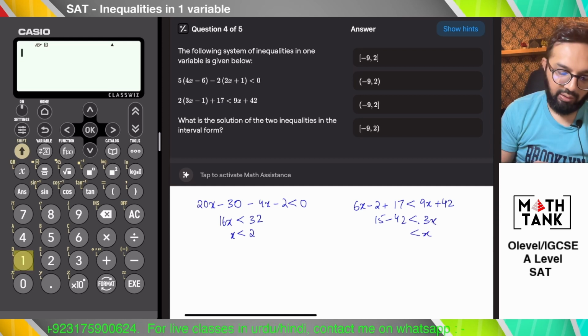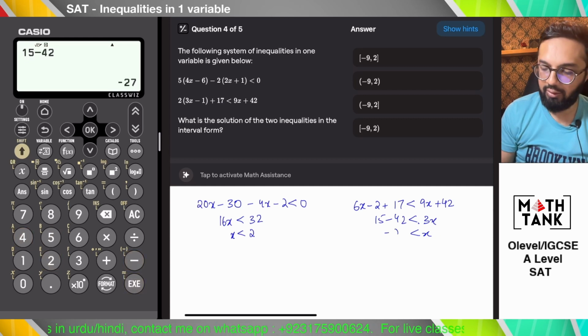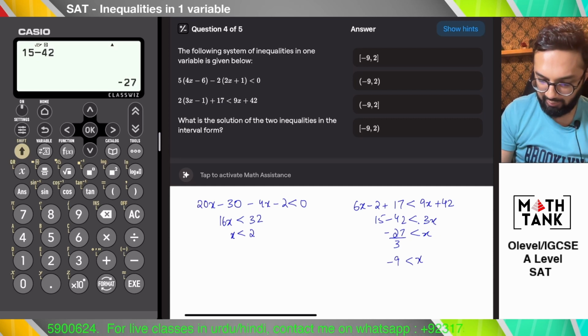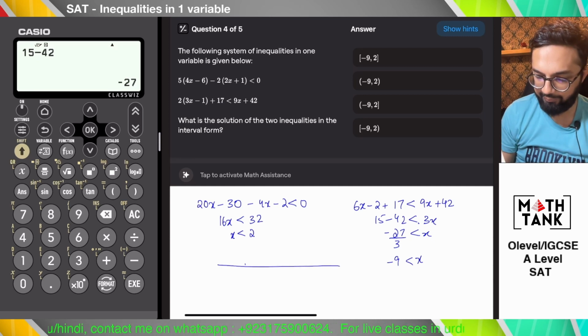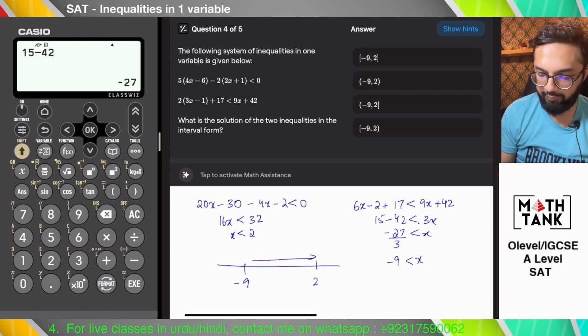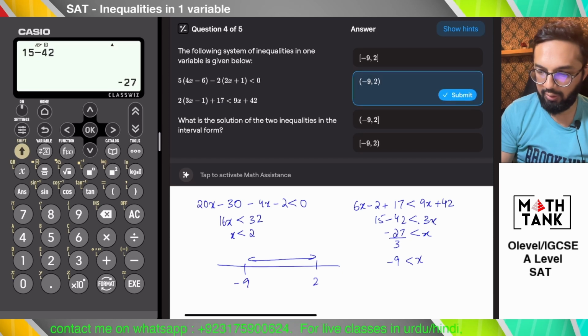So it's 15 minus 42, I think 27, minus 27 divided by 3. So x is greater than minus 9 and x is also less than 2. X is greater than minus 9 and x is less than 2. So they're not included.